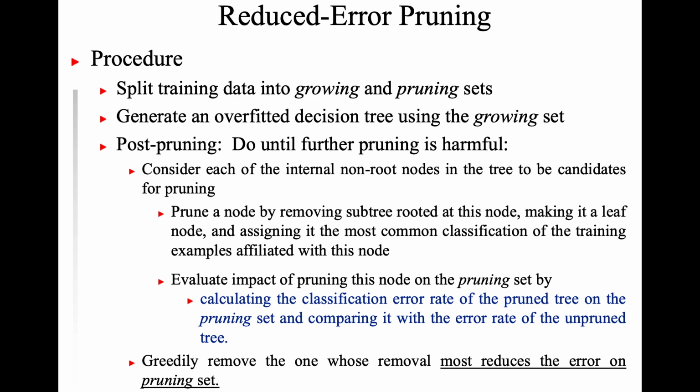For reduced error pruning, you grow the tree because it's a post-pruning method. You split your training data into a growing set and a pruning set, so you have two sets of data. Now you compare the accuracy on the pruning set with respect to when it is unpruned, right?